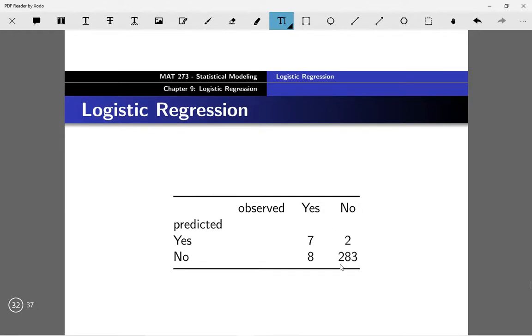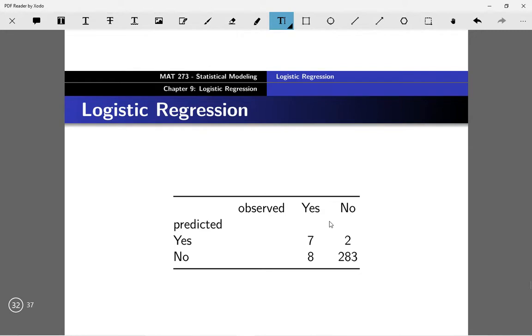And it still got most of the non-spam emails correct. So only twice did it think an email was spam when it actually was not. So it got 2 of those wrong, but it was able to catch 7 emails that were actually spam. So depending on your goal, depending on the outcome, this might be considered performing much better than the linear model.